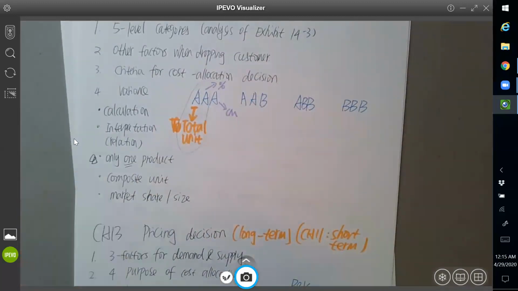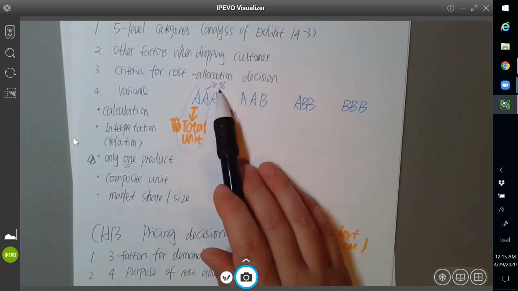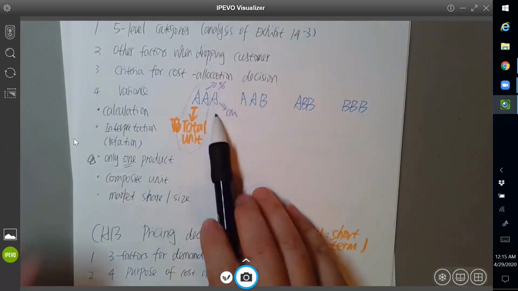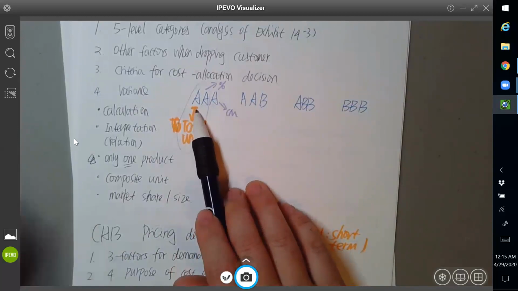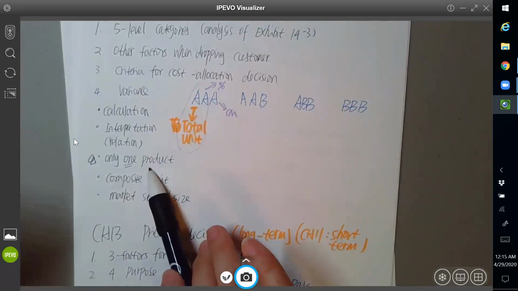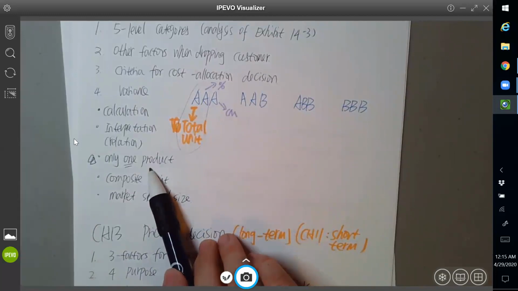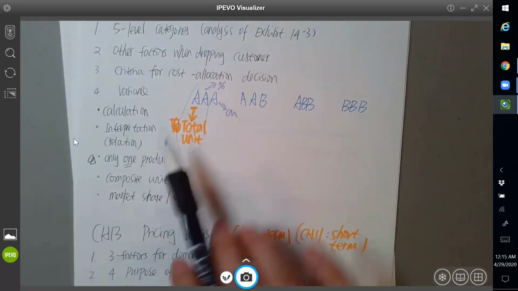No matter whether you do one product or the company, you have to use total units, then times the percentage, and then times the contribution margin. So the first variable is total units. One more time, it's total units, not just that product's units. I hope you know what I'm talking about, because very likely I may test you one more time. Make sure you really know that part.